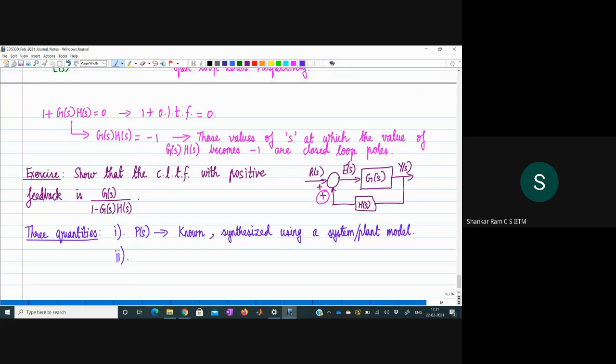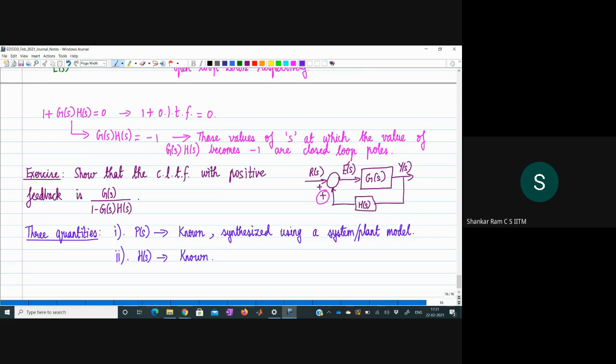Then the second thing in this equation is the feedback path transfer function, which is also typically known. For example, we can have unity feedback. If we have unity feedback, this will be one.